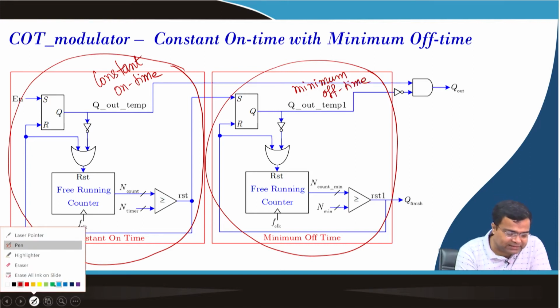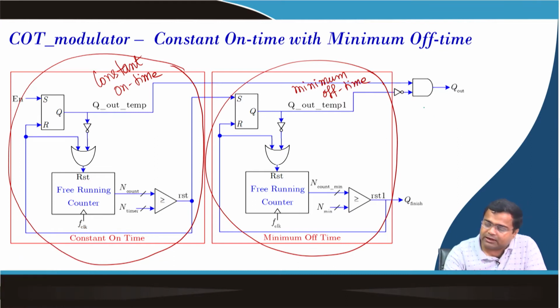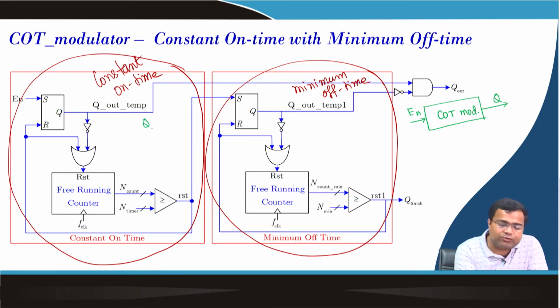More precisely, consider the overall constant on time modulator, the COT modulator, with this as your enable clock and this as your overall Q. We are dividing this into Q1 and Q2.